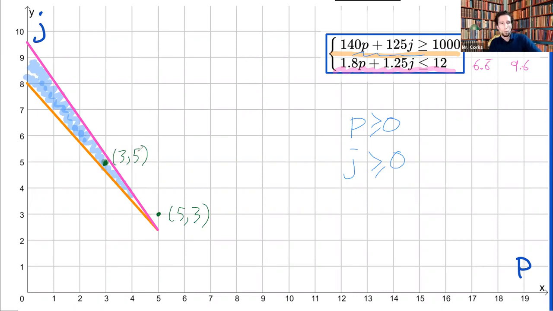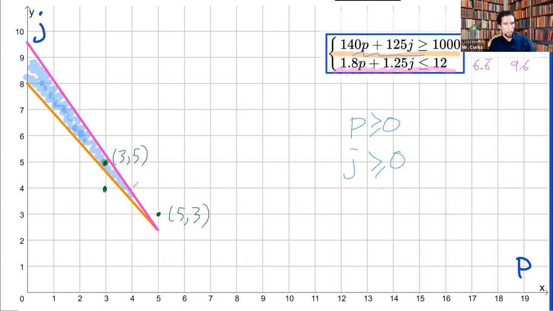P is 3, J is 4. P3, J4 is this point right here. No. P is 4, J is 4.